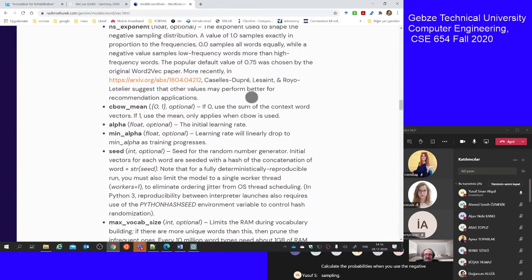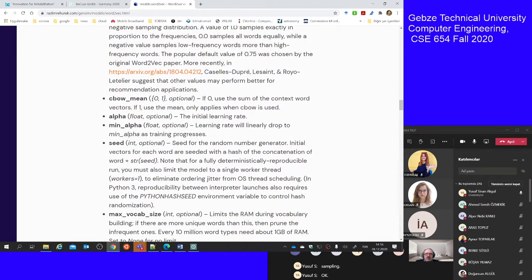What else? CBOW mean, continuous bag of words mean. If 0, use the sum of the context word vectors. If 1, use the mean. It only applies to CBOW.